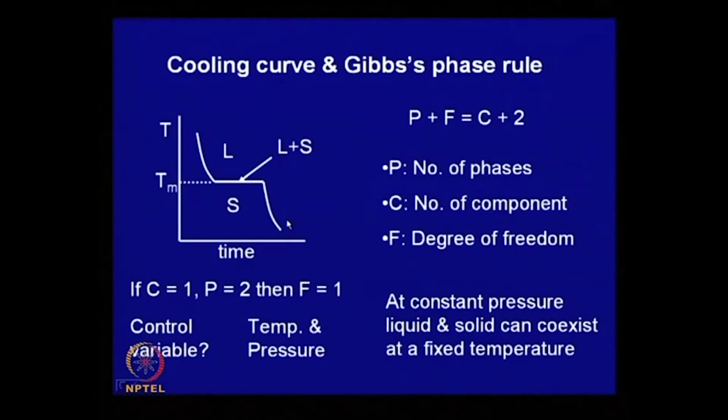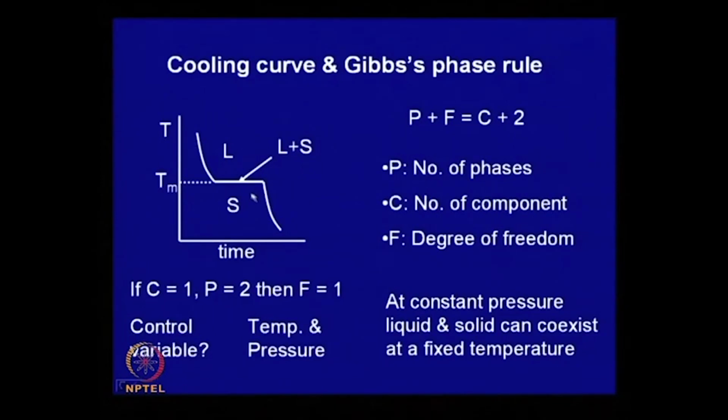Now, Gibbs phase rule gives us a simple relationship between the number of phases that can coexist at a given experimental condition, and normally by experimental condition we mean the temperature and the pressure at which you are doing the experiment, and usually for most practical applications this pressure will be 1 atmosphere.